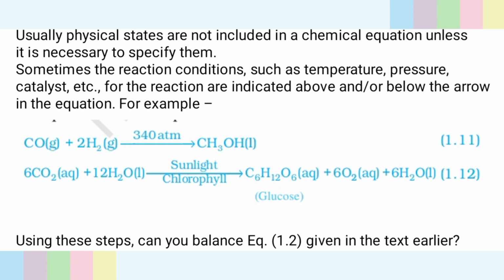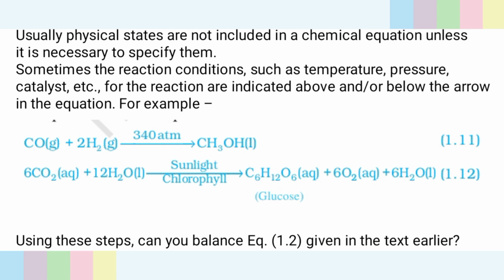Sometimes the reaction conditions such as temperature, pressure, catalyst, etc. for the reactions are indicated above and below the arrow mark in the equation. For example, you can see carbon monoxide reacting with hydrogen at 340 atmospheric pressure.